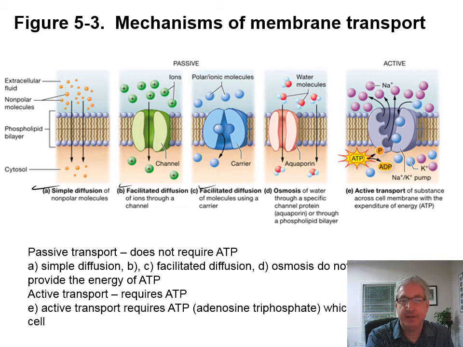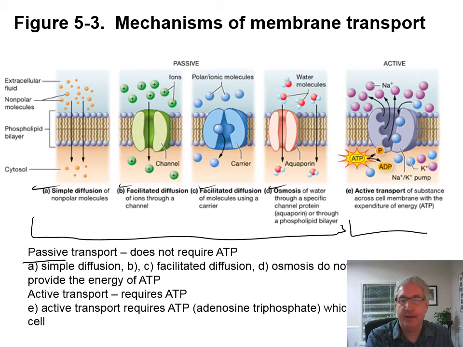There are two types of it, and there's osmosis of water. Okay, so these are all passive. Okay. And this one is active. Okay, so active transport there, and passive transport is all of these.